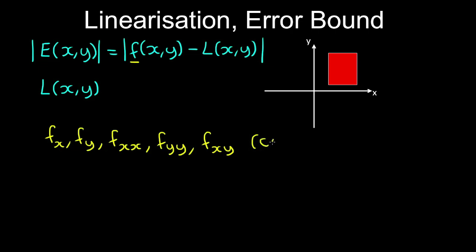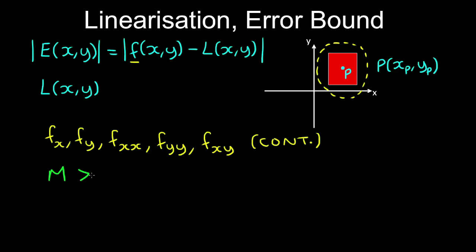so these must be continuous throughout an open set in the domain of the function that contains a rectangle which is centered around point P, where point P has some x and y coordinate, and we take M as any upper bound for the values of the second order partial derivatives, so it's larger than the absolute values of these partial derivatives.